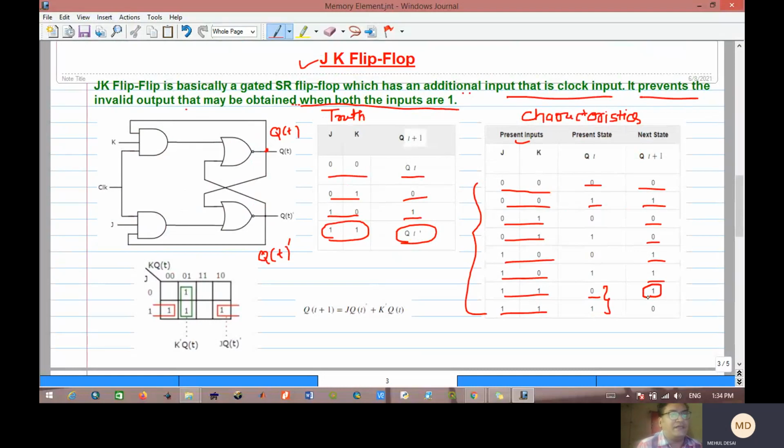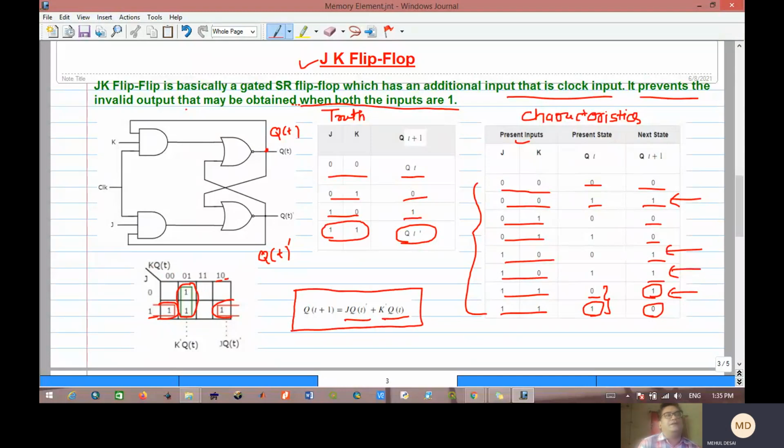If we develop the characteristic equation by considering these 1s, the first two pair gives K' Q(t), and based on this corner 1 value we get J, and 0 1 0 is common, so Q(t)'. So J Q(t)'.